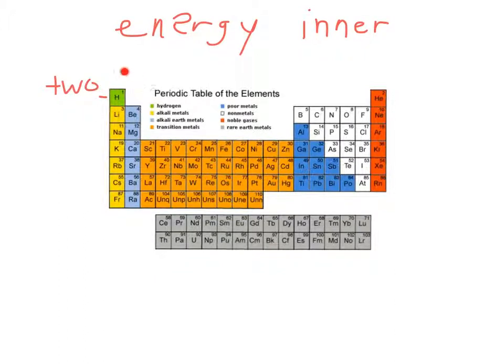Hydrogen is found here in row 1. It has 1 energy level and 1 outer electron. Helium, second element, has 2 electrons and is stable.